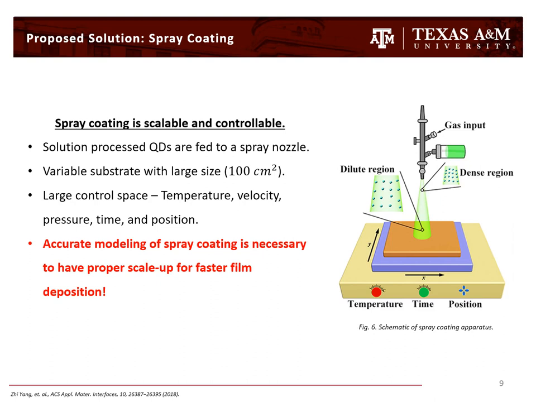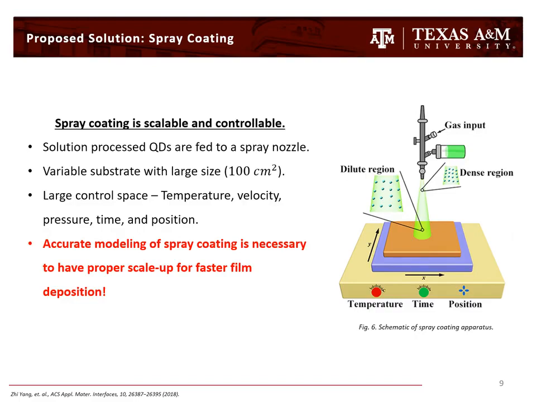And this process can be continuous, where the substrate is coming and going, and you're spraying your quantum dot solution. The quantum dots get deposited, and you have your thin film, which then can be used in a solar cell. Furthermore, you can control the temperature of the spray, the velocity of the spray, the position of your substrate, and that's why it gives you much better control over your thin film.